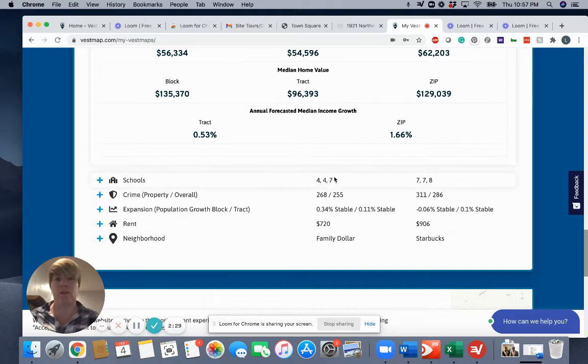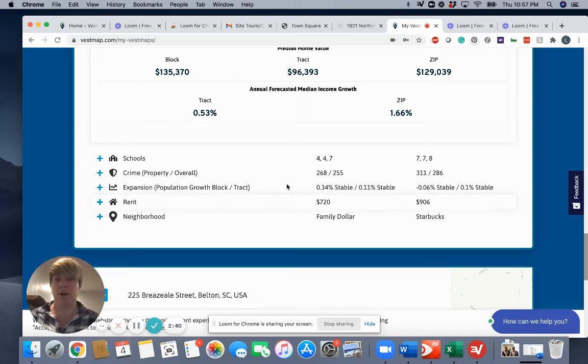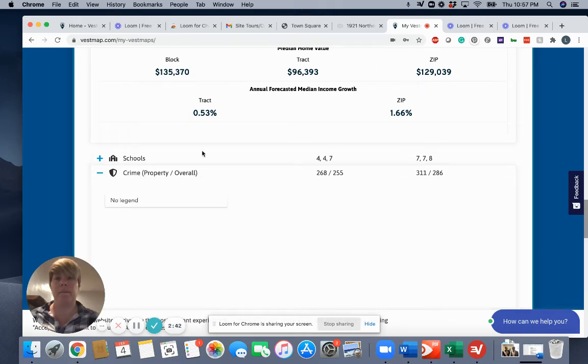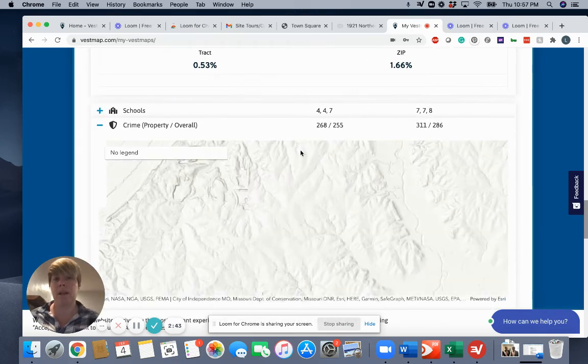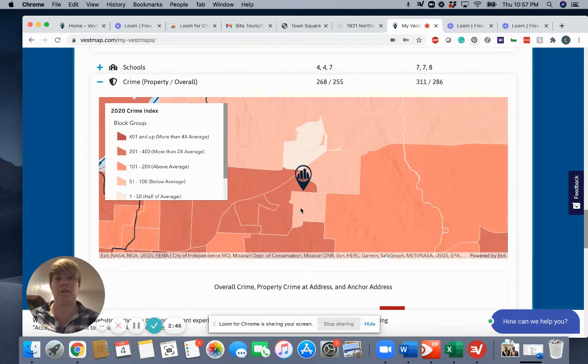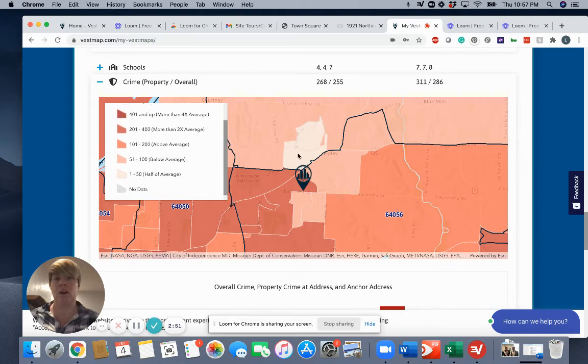So, okay, we got the schools here. This is a rating out of 10. So you can see at my anchor address, the schools have a little higher ratings, but 4, 4, and 7. So, kind of middle of the road there. And then in terms of crime, you can sort of see a crime map. So if you were to go north, you would definitely have a little bit lower crime.